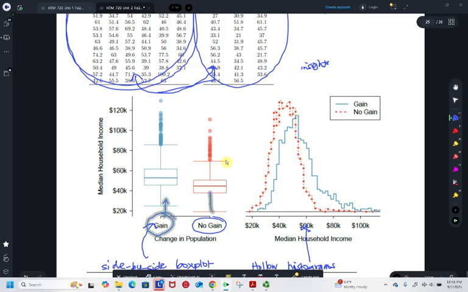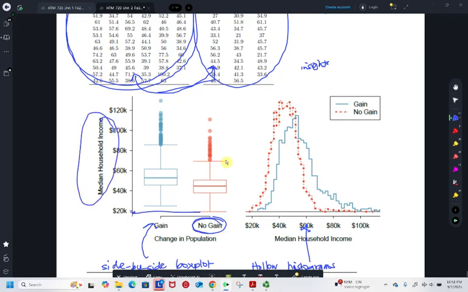We can immediately tell that the median household income in counties with no population gain appears to be lower on average as compared to those with population gain. In particular, since we have outliers, we're going to look at the median values.